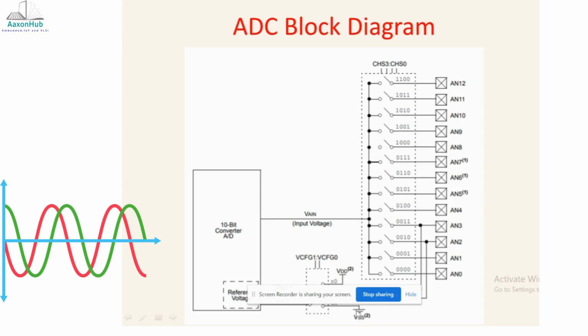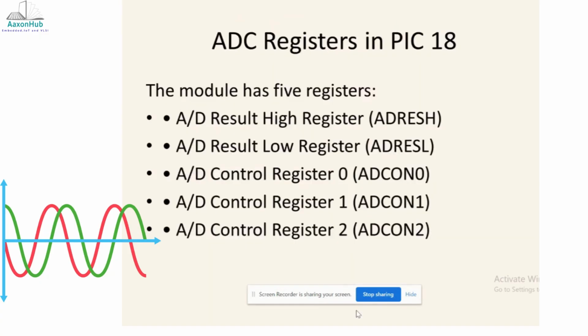If VDD and VSS are selected, the reference voltage will be 5 volt; otherwise, for V reference plus and minus, it is 3.3 volt. If V in is greater than V reference, it is considered logic 1; if V in is less than the reference threshold, it is considered logic 0. In this way, digital conversion takes place in this ADC.